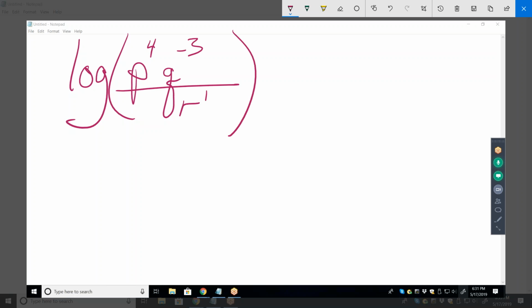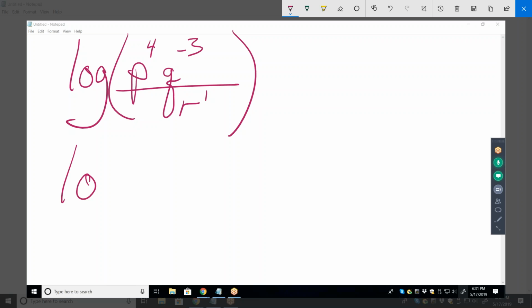Is that the argument? Okay. Now, when we were condensing, the first thing we did was move the exponents. That's the last thing we're going to do when we're expanding. The first thing we're going to do is separate this into 3 log expressions.